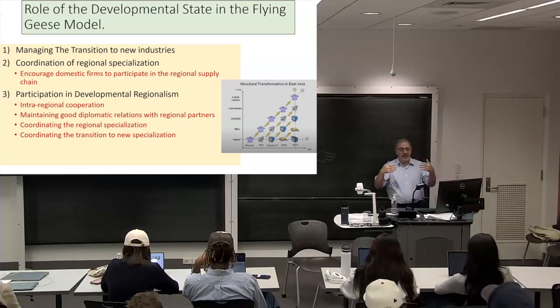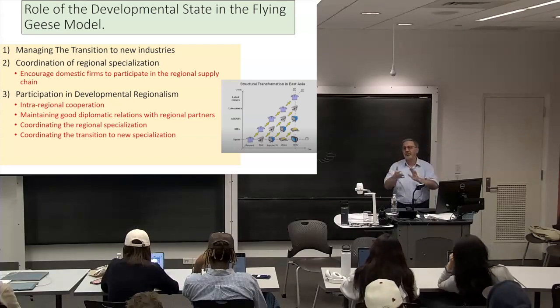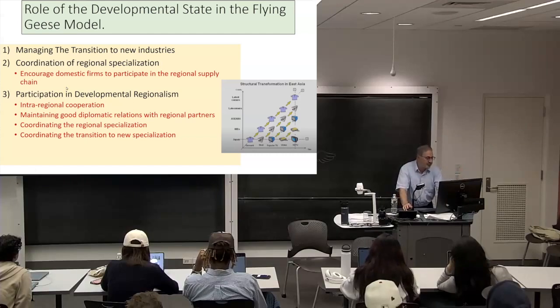And that's why a country like Japan was so successful in improving the quality of automobiles, of course with attracting foreign investment, so rapidly that they were able to capture so many markets. And all the European and American auto industries were shocked in the 1970s by how rapidly they were successful. They need to encourage the domestic firms to participate in the regional supply chain.